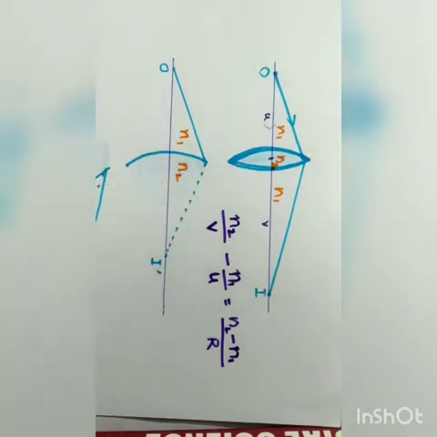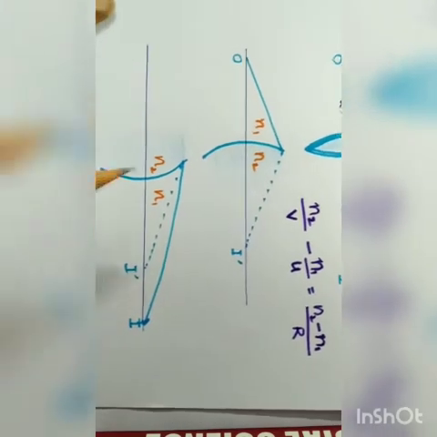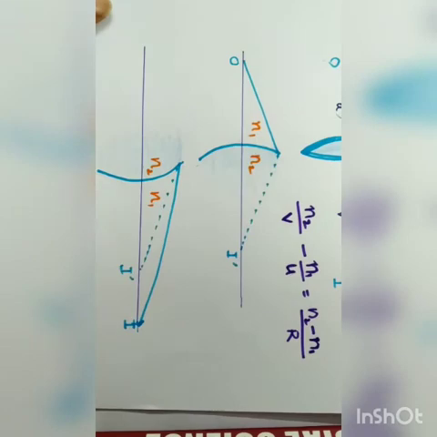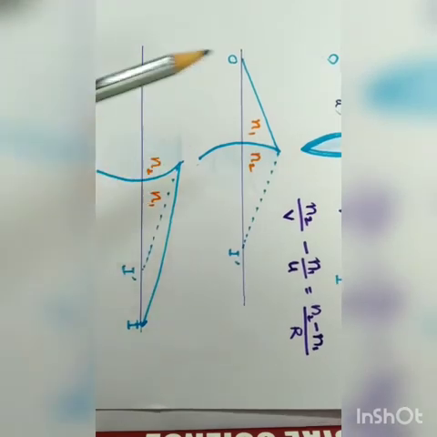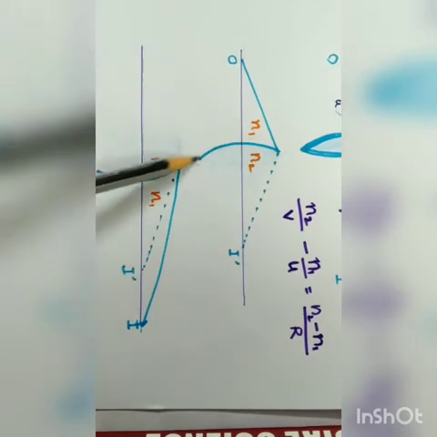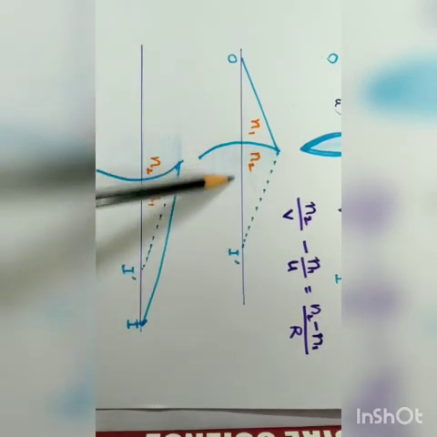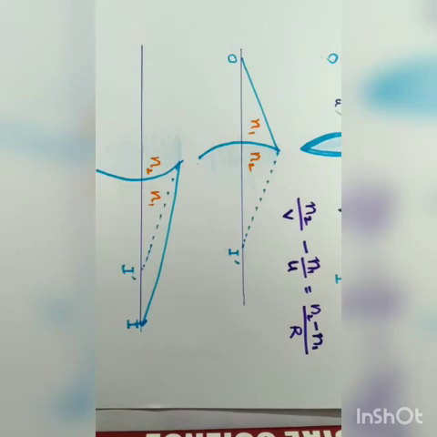This process we are going to split into two steps, one for this surface, one for the other surface. The first image formed by the first surface we call I dash, and let this image distance be v dash. This I dash acts as the object for the second surface, and the final image I is formed.